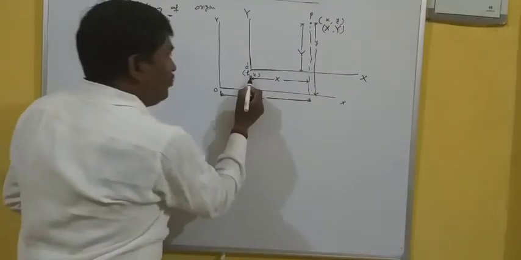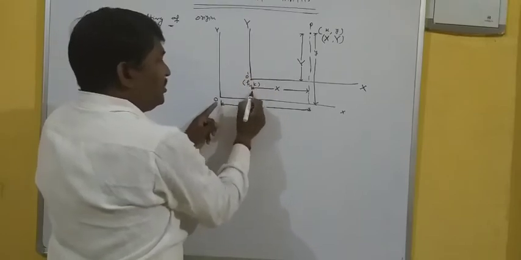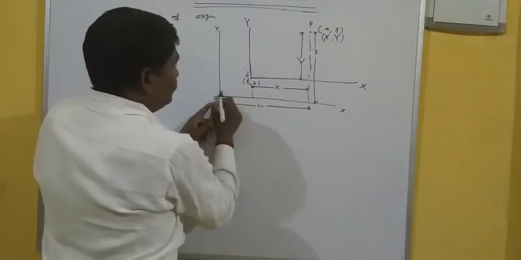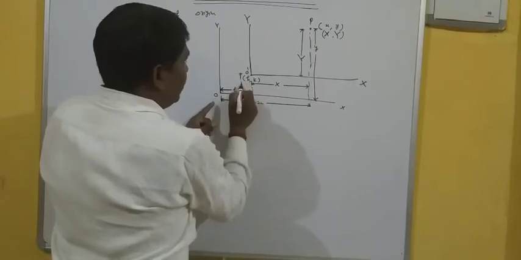Since the origin is now shifted to this point, this distance will be small h and this distance will be small k.